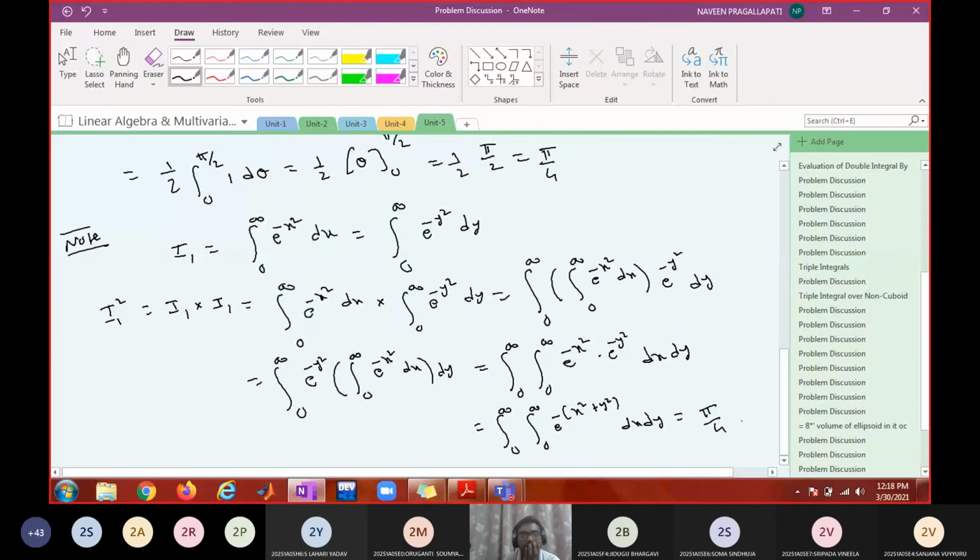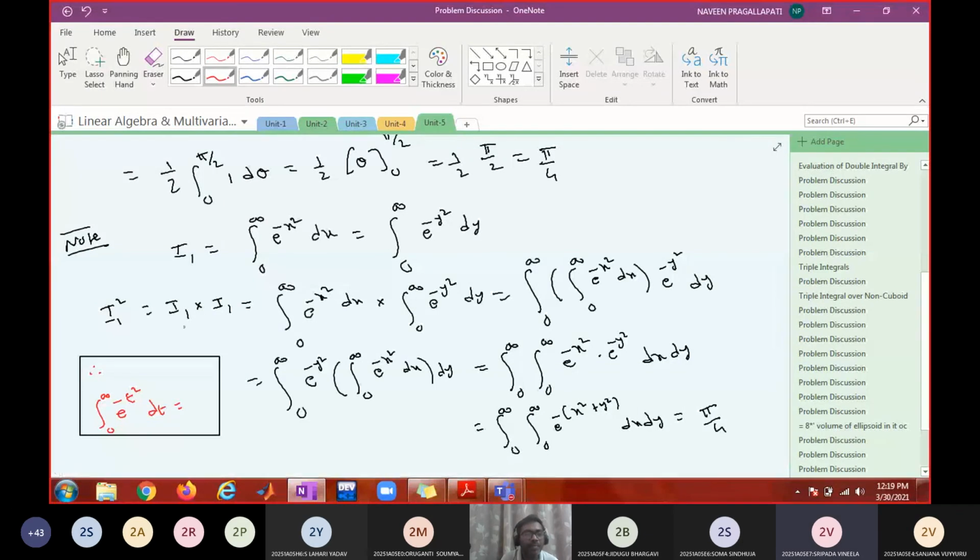Is that okay? Therefore, what will be the integral value of 0 to infinity e power minus t square dt? Can you please tell me? Root pi by 2. That's it, root pi by 2.